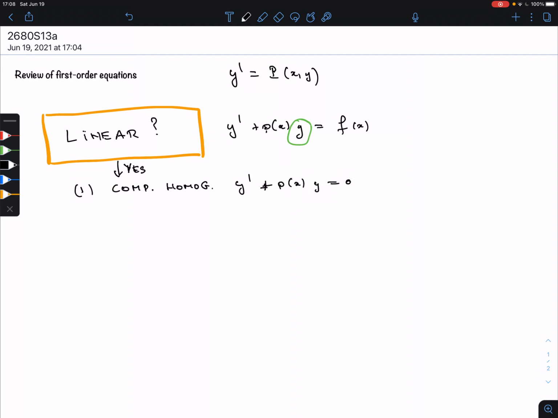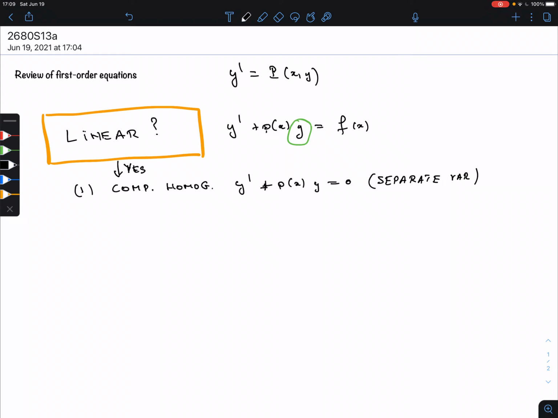So the forcing function, which we call f, is 0. And in that case, what do we do? Well, we just integrate both sides. This is something we have seen: we have separated variables, or you can make it separate variables. I will discuss that in more generality over there, but this case is rather easy.